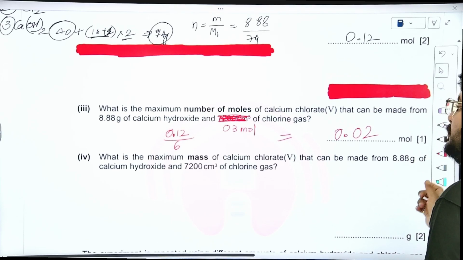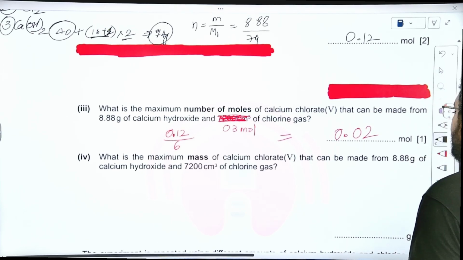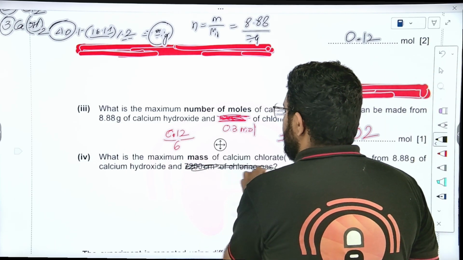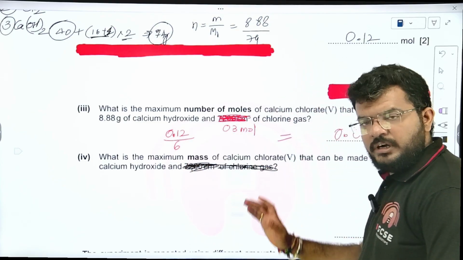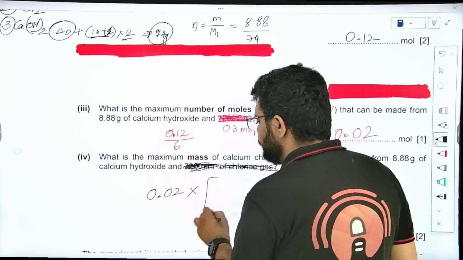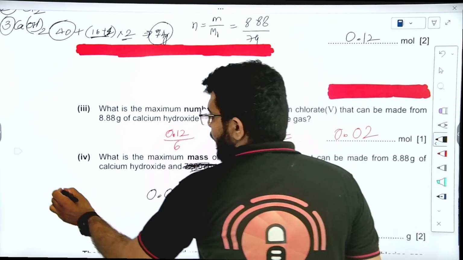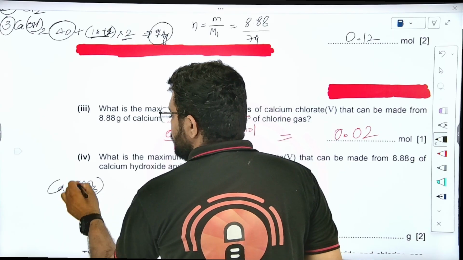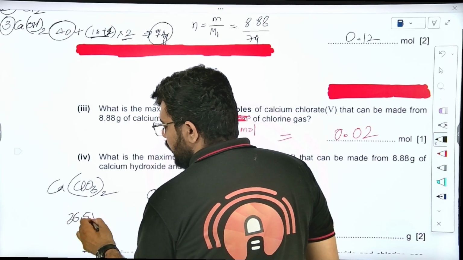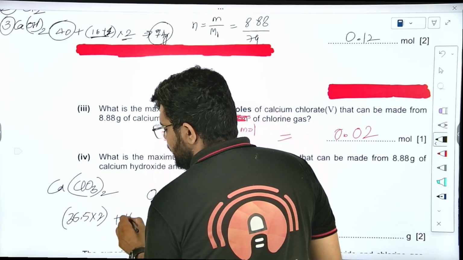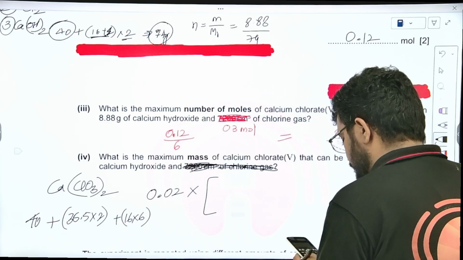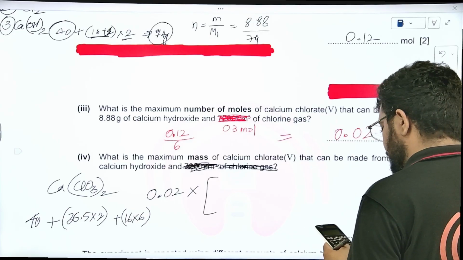What is the maximum mass of calcium chlorate that can be made from 8.88 gram of calcium hydroxide and chlorine gas? But because chlorine is unimportant, let's ignore it right now. So I have 0.02 moles forming, and calcium chlorate I think had a formula of Ca(ClO3)2, right? So chlorine is 35.5 into 2 plus 16 into 6 plus 40, right? So I have 40 plus 71 plus 96.